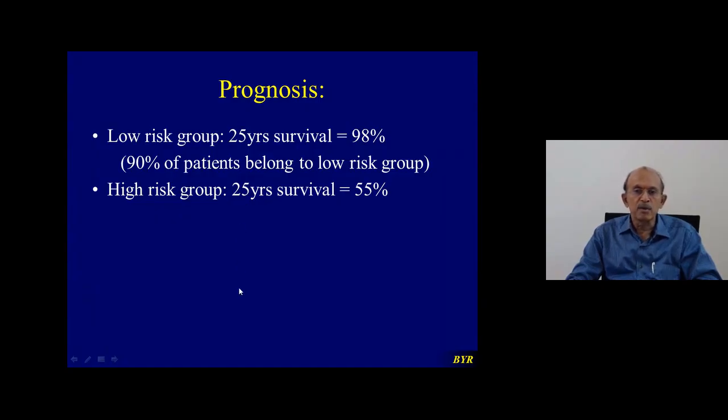For breast cancer, we measure the 5-year survival rate. But here we measure the 25-year survival rate. Why? Because once you remove this disease, you can forget about the disease. This gives such a very good prognosis. You can say 98% of people survive for 25 years.